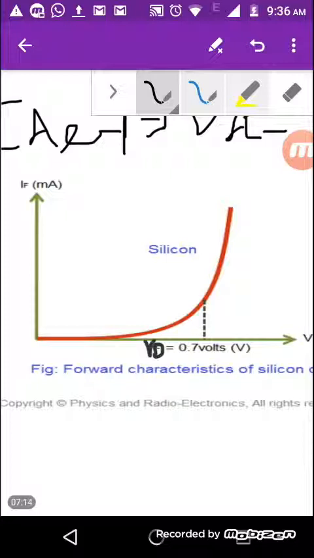Vd is equal to 0.7 volts, and whenever there is an ideal and practical case correlation, there will be a diagram called an exponential diagram.